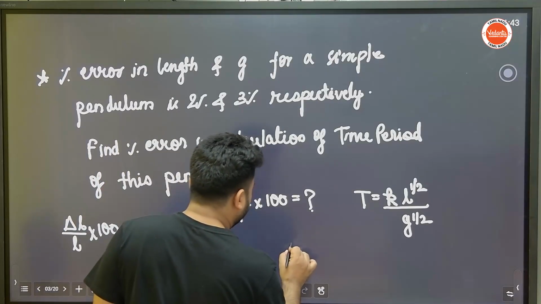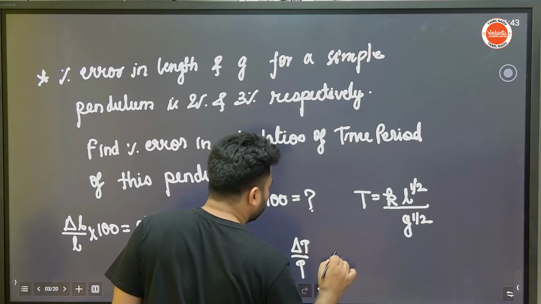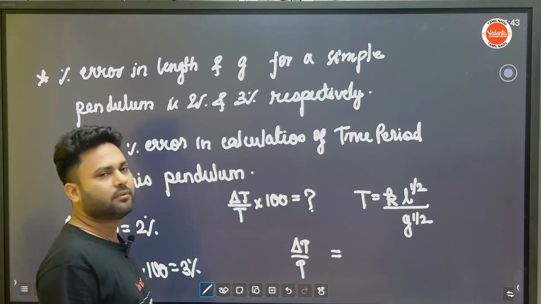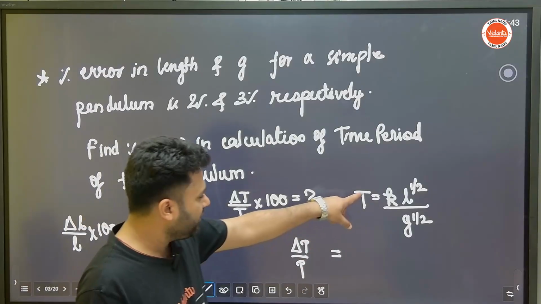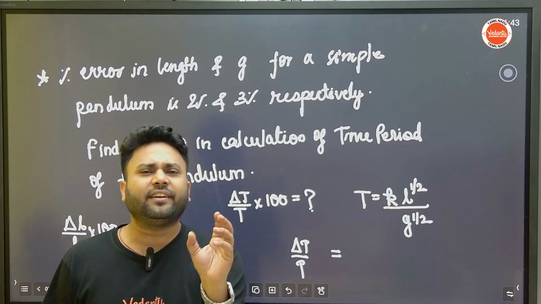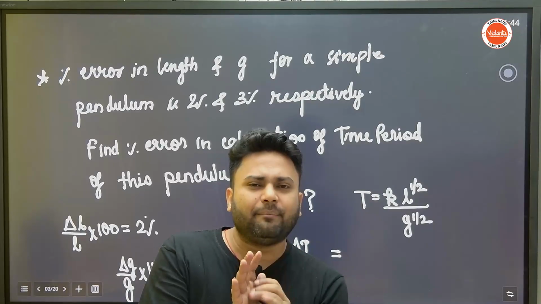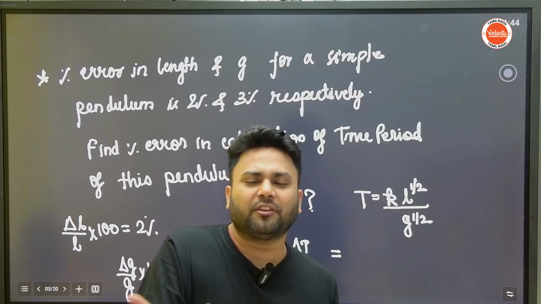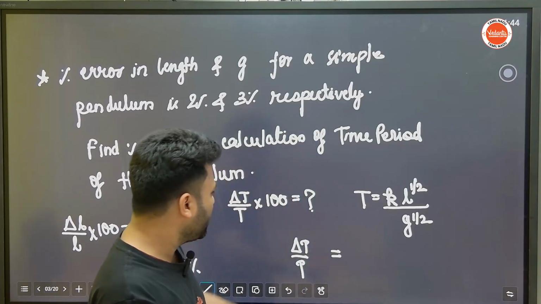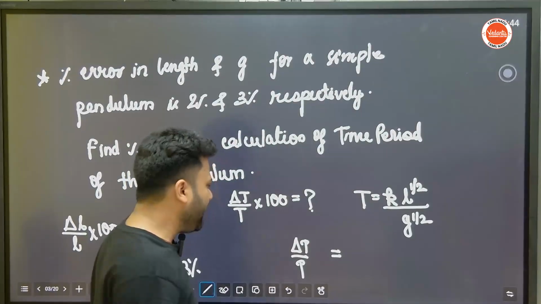So delta T by T, what can we write? Just now I told, see here we have a constant. Constant is a fixed number, so a fixed number does not have any error. 4 is 4, 8 is 8. So constant we ignore. What I told, first write the power.